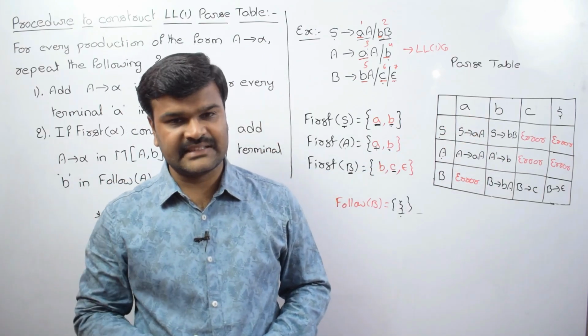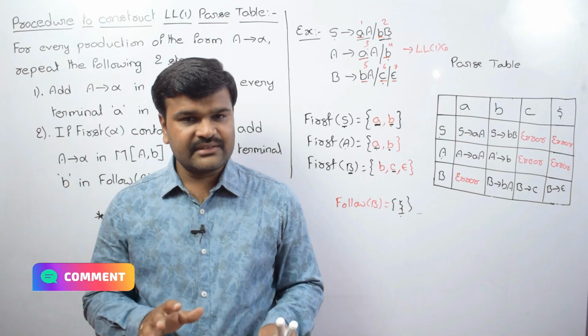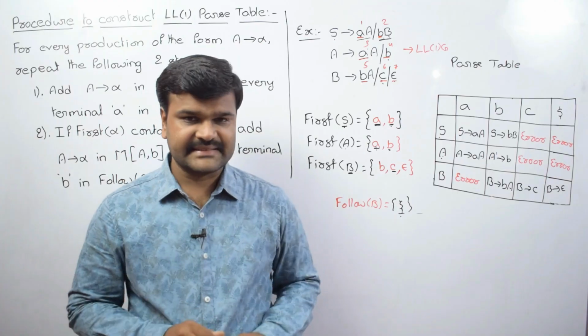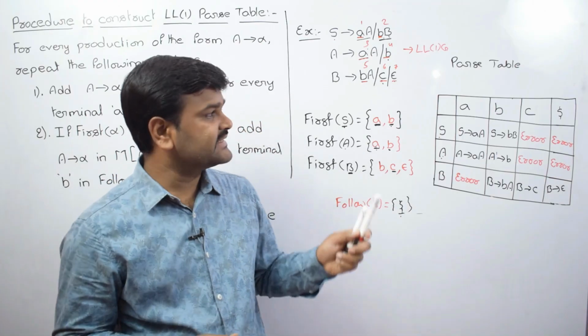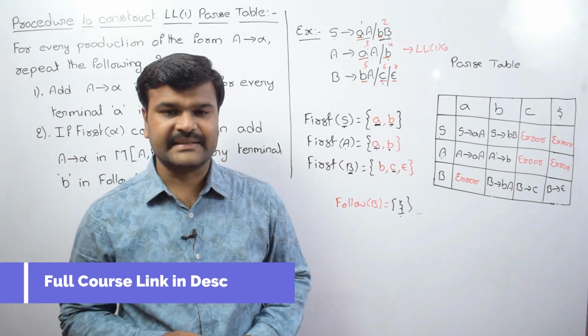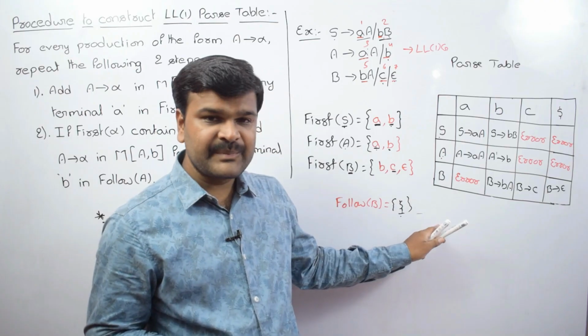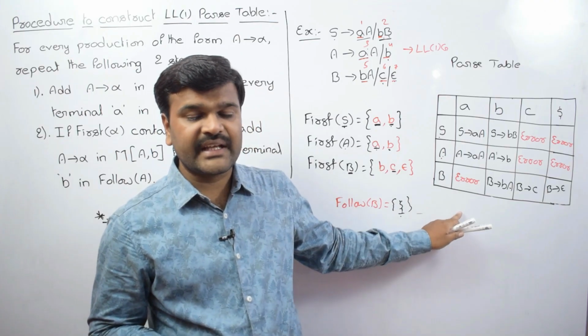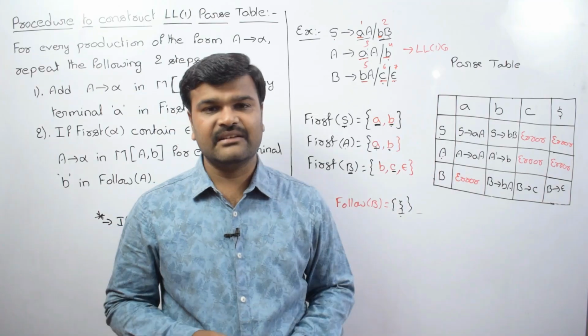We will see that in later examples. That is the shortcut, which we will see once we have enough practice. Since this doesn't have any multiple entries, you can say this is LL1 grammar. In this way we construct the parse table, and if it doesn't have any multiple entries, we can tell the given grammar is LL1.